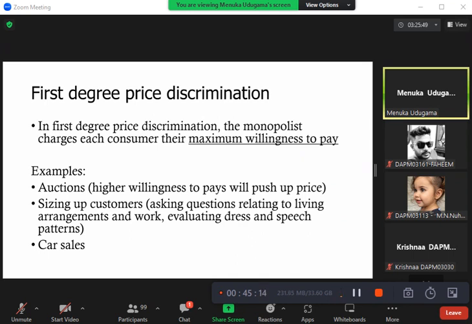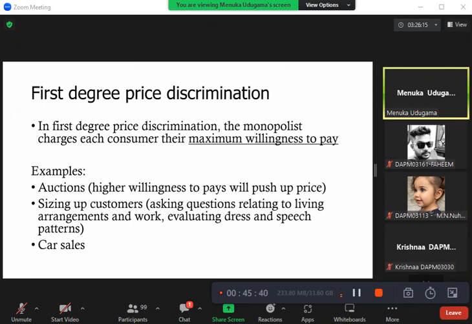For example, you would see this in an auction, right? You start with the lowest bid, like let's say 100 rupees, and then there's a buyer for that, or there could be several, and then they go up to about 150, 200. Likewise, you know how an auction works, right? Bids work. So you increase the bids because there are people who are willing to pay more for the same good.